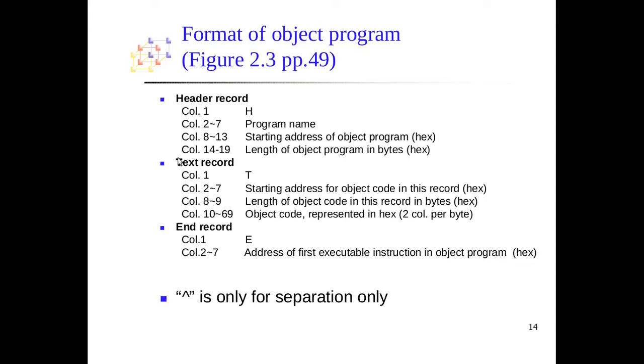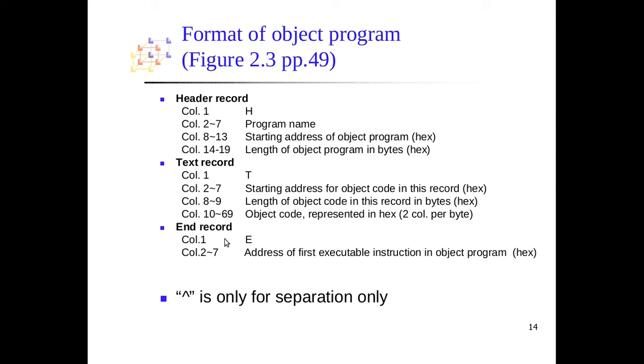Another type of record is the text record. Here the first column contains the letter T, then columns 2 to 7 specify the starting address of the object code in this record. Columns 8 to 9 give the length of the object code in this record in bytes. Columns 10 to 69 hold the actual object code represented in hex, that is, 2 columns per byte.